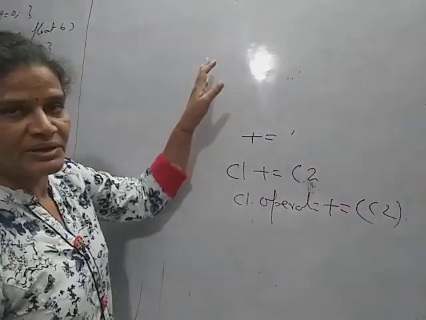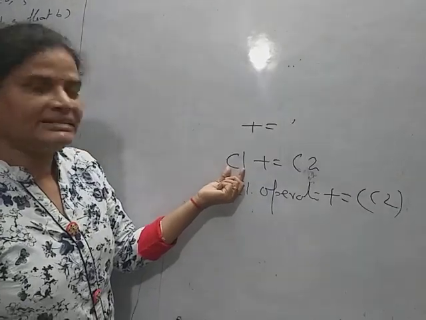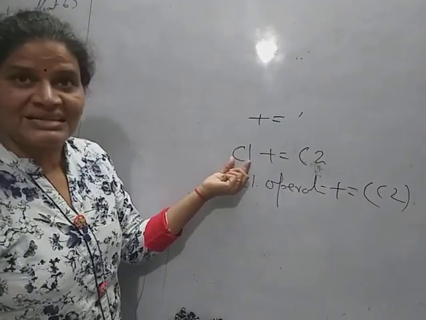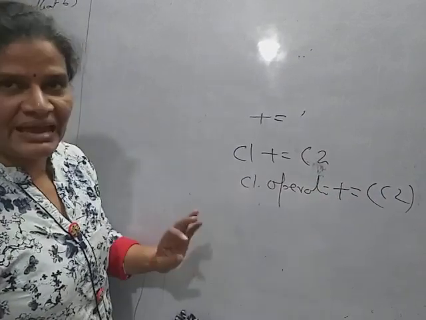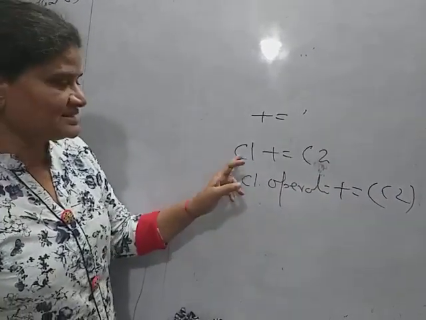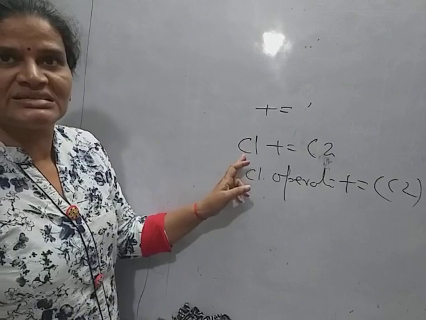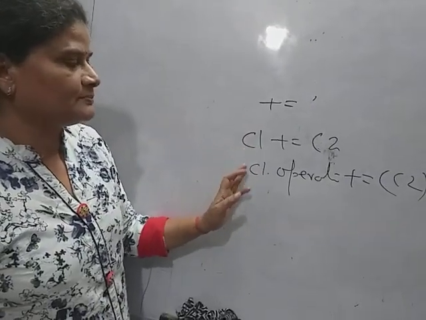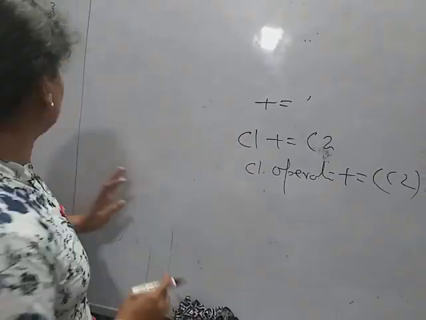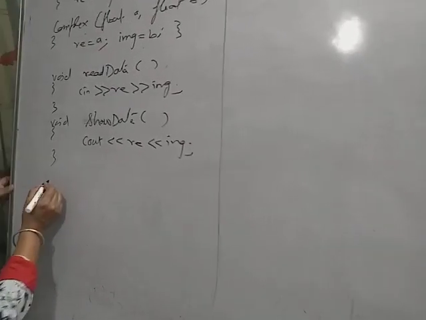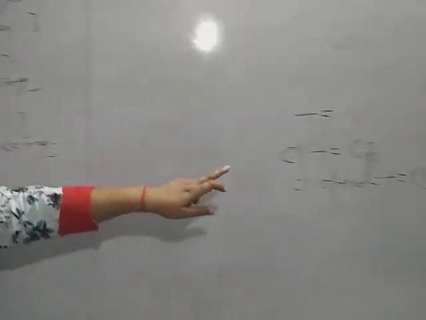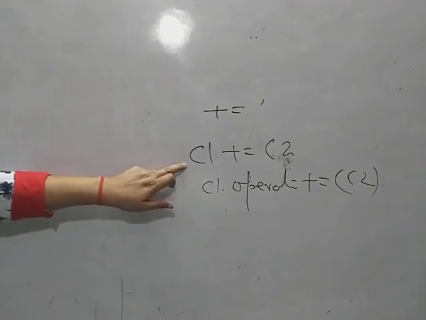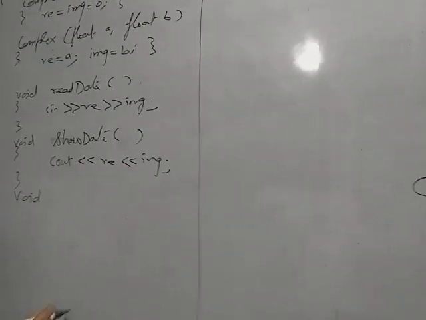As I told in operator overloading part 1, the calling object is passed as the implicit object and the argument is passed as the explicit object, and the changes will be in C1. So the return type of this function is void, because the changes are in the implicit object, C1.